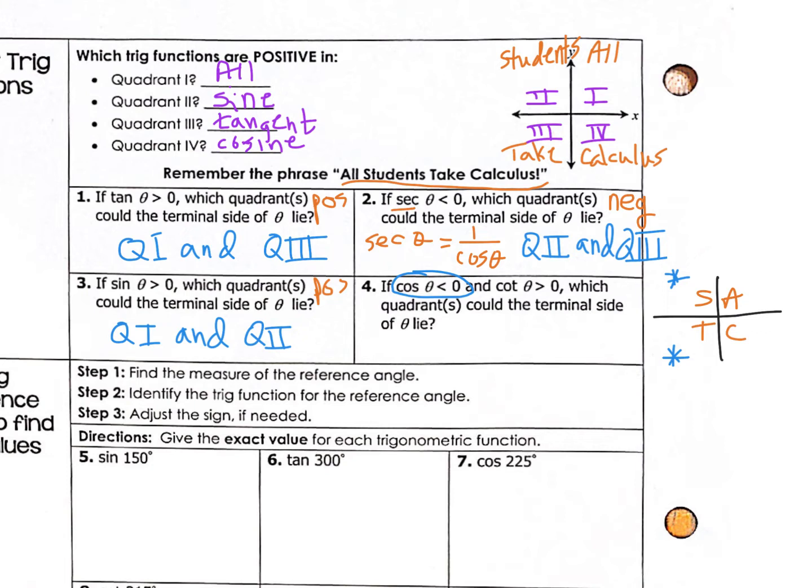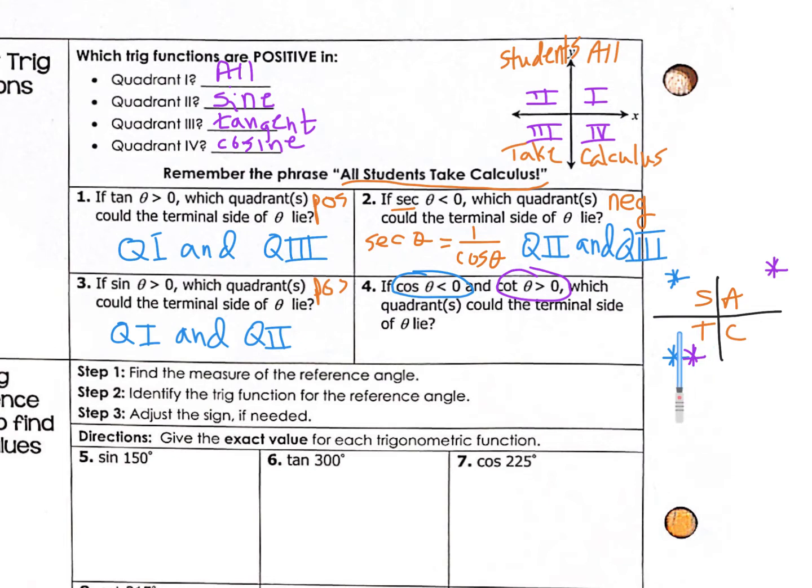Then let's look at cotangent, which is the same as tangent. We want to know where cotangent is positive. Tangent is positive in quadrant 1 because all are, and over here in quadrant 3 because that's where tangent's positive, and so is cotangent. So I'm going to put a star here and a second star here.